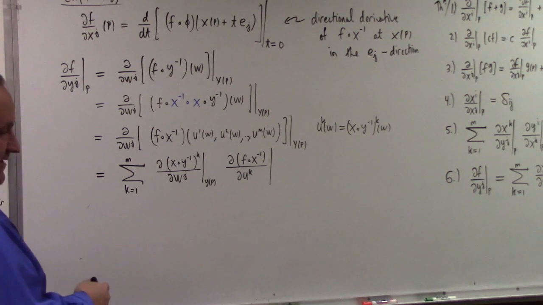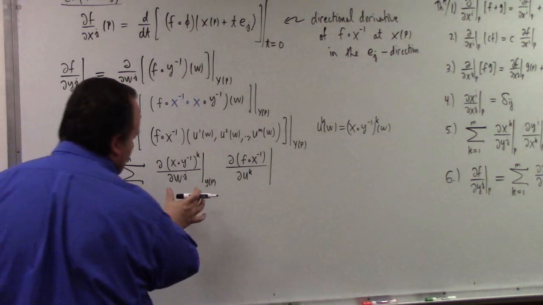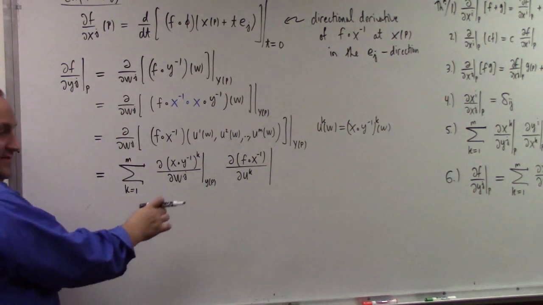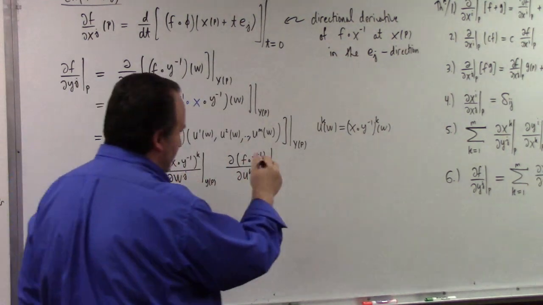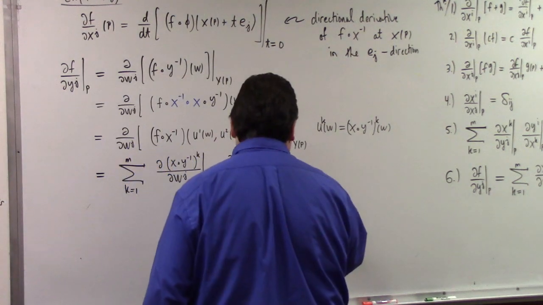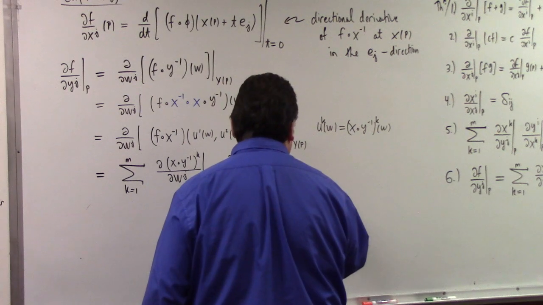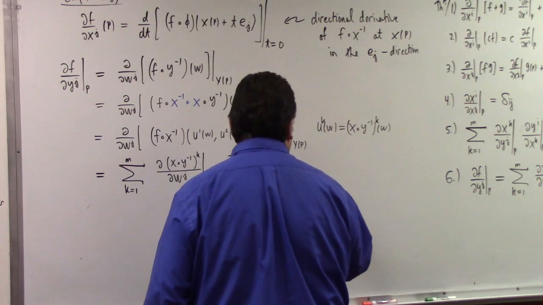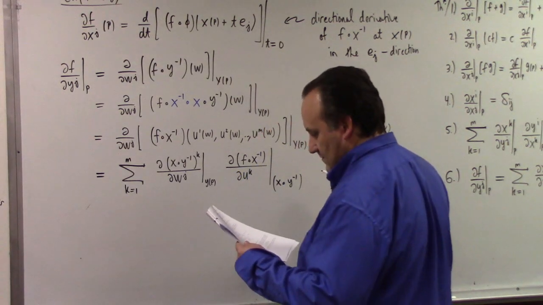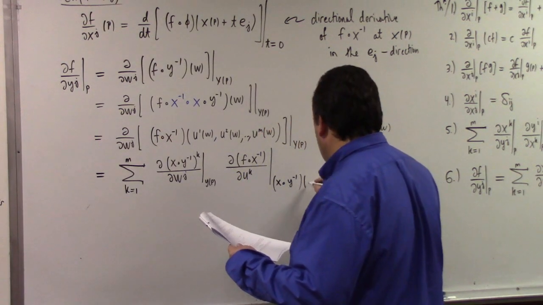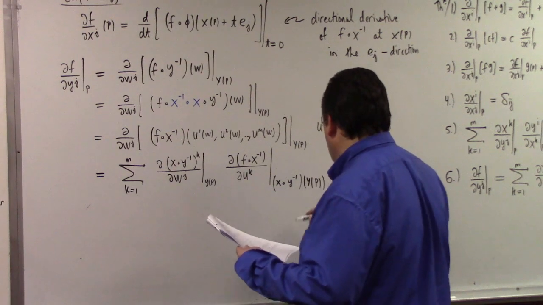The inside function, right? This is the derivative of the inside function. This is the derivative of the outside function, evaluated at the inside function, which here is x composed with y inverse. How do I write here? I guess I write it as y of p.